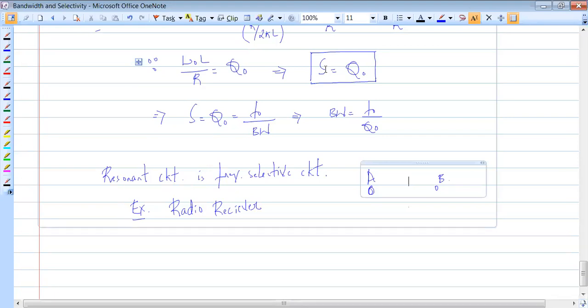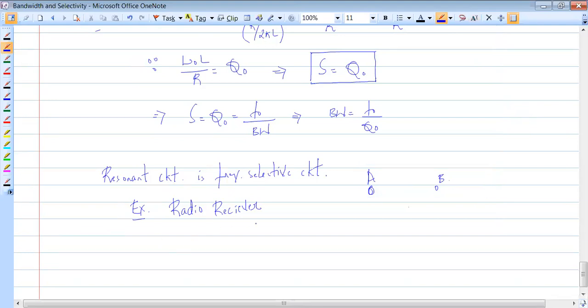Okay, so how to get rid of this? See here. Everybody listen here. Now, when I have this frequency selective circuit, I want the frequency selective circuit response to be very narrow. If it is very wide, what's happening here? Both station A and station B get selected, and the tuning will not be good.